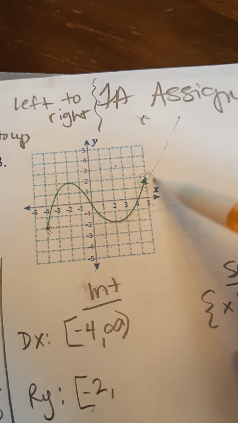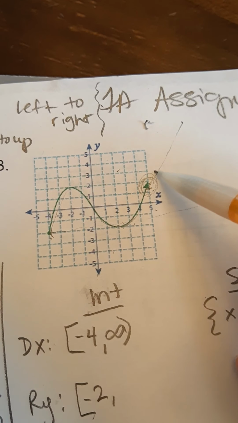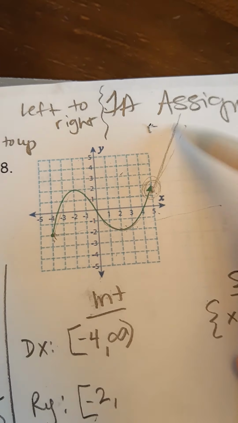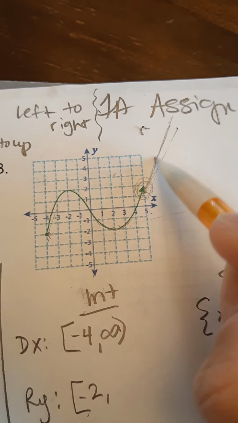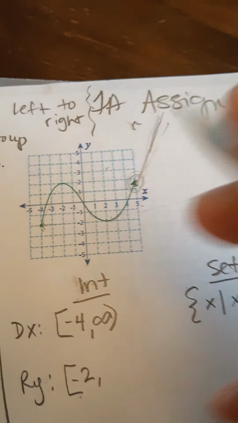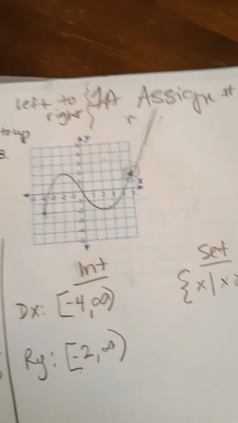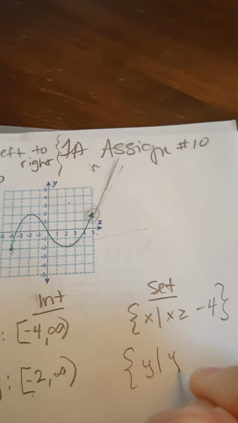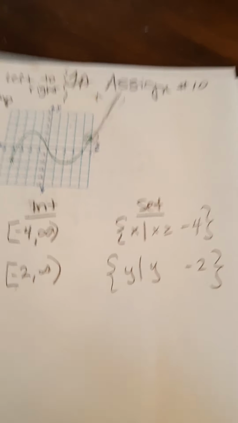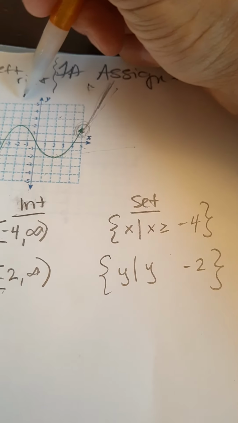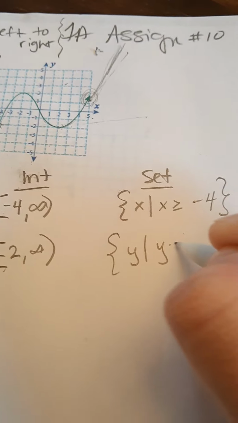But there's an arrow at 2, which means it keeps going all the way up. So not only is it going all the way right, it's going right and up. So that means that's also infinity. So for my set notation, I have the y values are getting greater than or equal to -2.